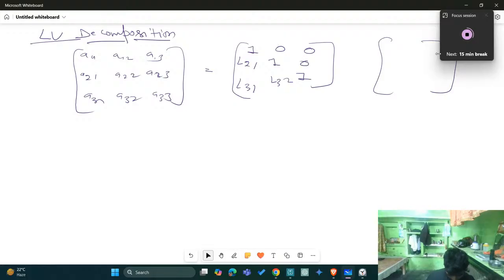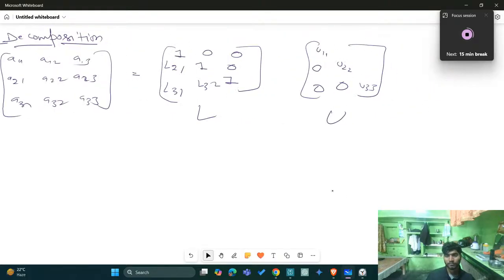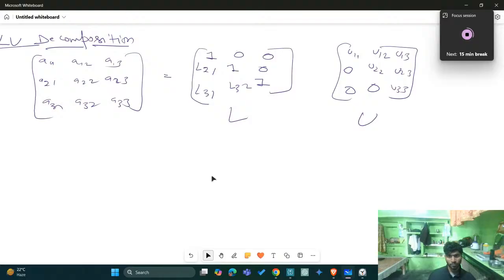This is the matrix L. And we have the upper matrix U: U11, U22, U33, with zeros below, and U12, U13, U23. This is the upper triangular matrix. So this is how LU decomposition works.